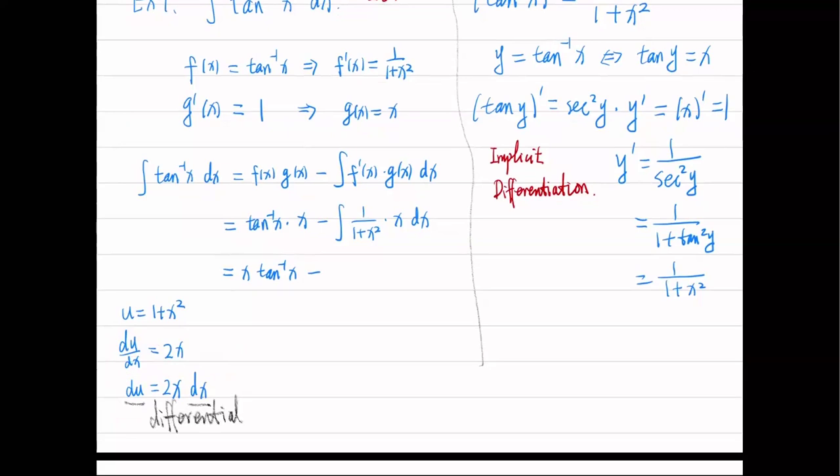Okay, so we found that if we replace this by u, du is 2x dx. Here we have only x dx. So what do we have? If I want to replace it by du, should I put something?